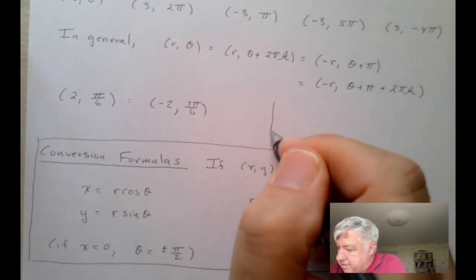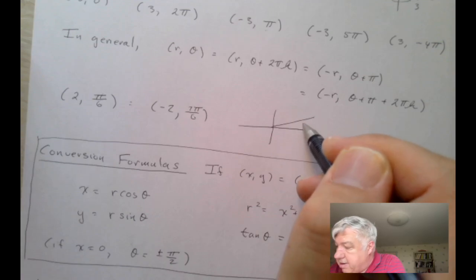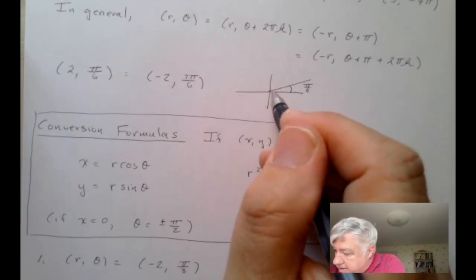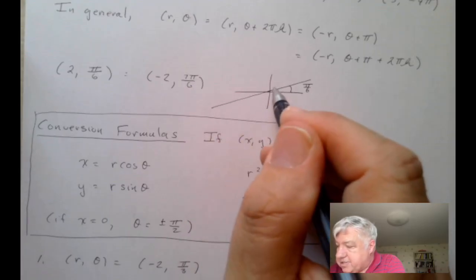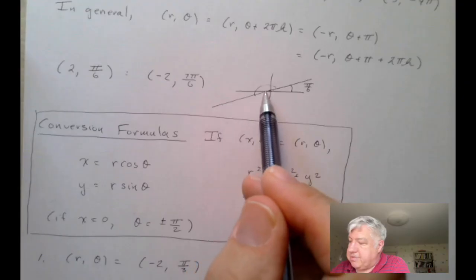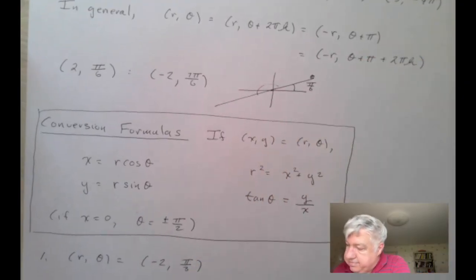Because if we take pi over 6, it's here, that's this angle. But then 7 pi over 6 just extends this same line, so if we go 7 pi over 6 and go 2 units back, we get this point right here.